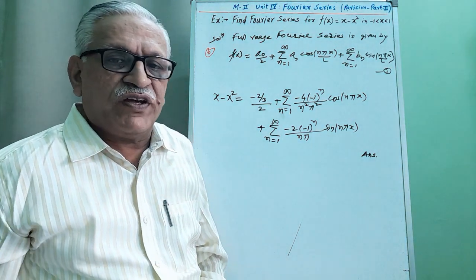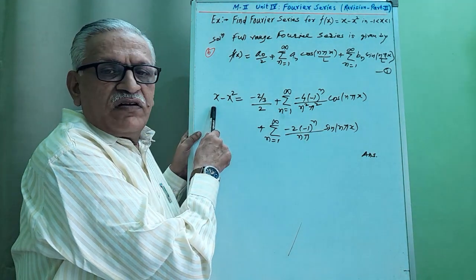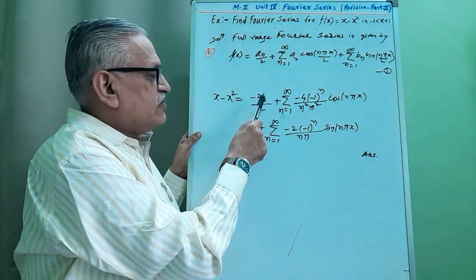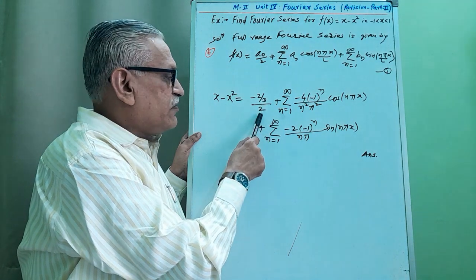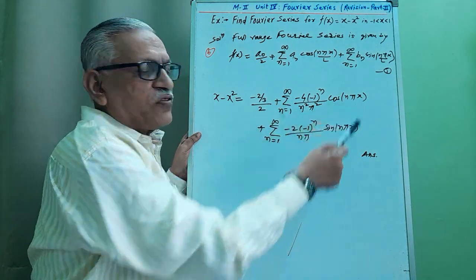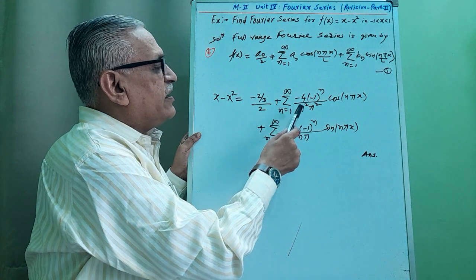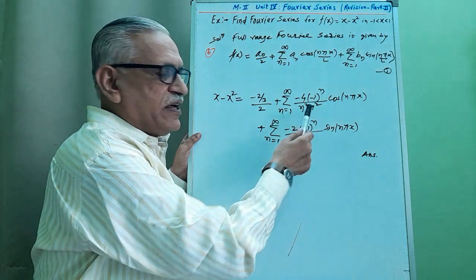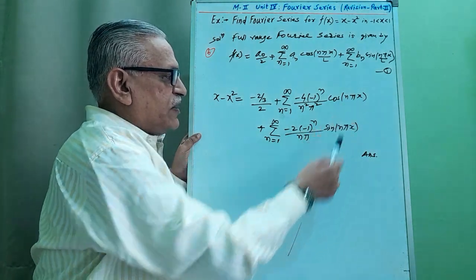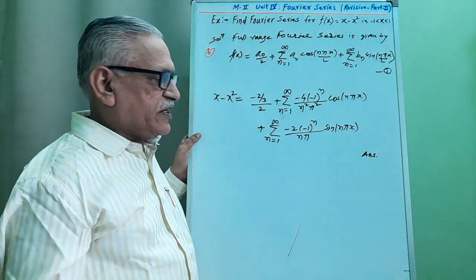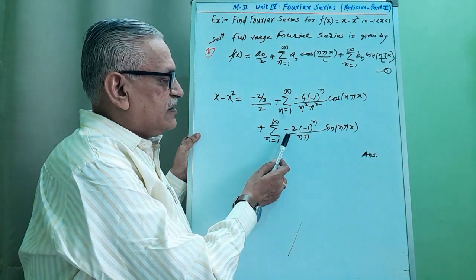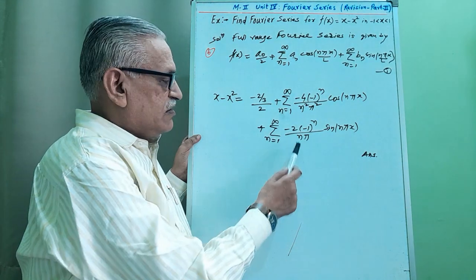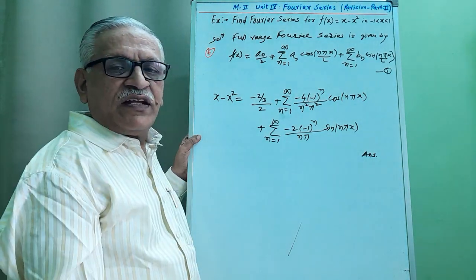Therefore, substituting the values, we get the Fourier series for function f x, x minus x square, is equal to a0 by 2, a0 is minus 2 by 3 divided by 2, plus summation of an cos n pi x by l, an is minus 4 times minus 1 raised to n divided by n square pi square into cos of n pi x, n changes from 1 to infinity, plus summation of bn, the value of bn is minus 2 times minus 1 raised to n by n pi into sin n pi x.